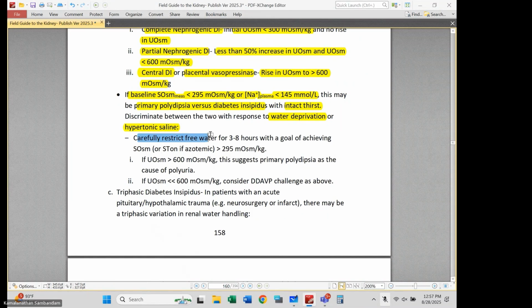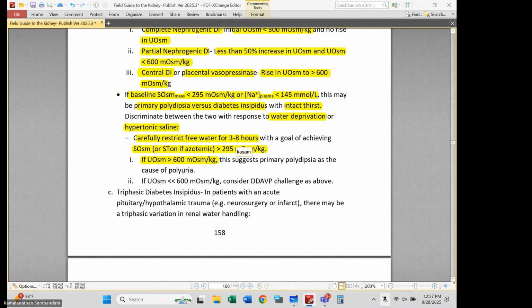So I can restrict free water, often from an overnight fast, and then I check their urine osmolality as well as their serum osmolality. I confirm that their serum osmolality has risen a bit over that overnight fast.